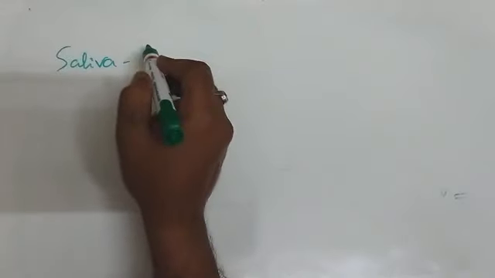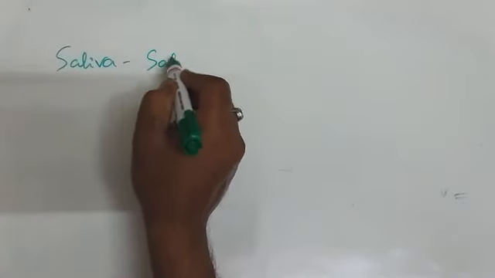The lining of the alimentary canal is very soft. If the food is not wetted and is in the dry form, it may cause damage to the lining of the alimentary canal. So the food has to be wetted. The food will be wetted by saliva, and saliva is secreted by salivary glands.